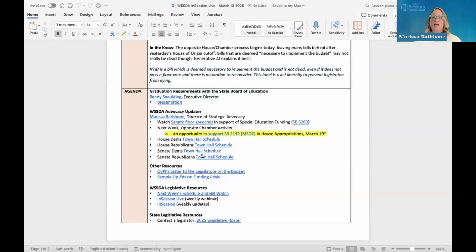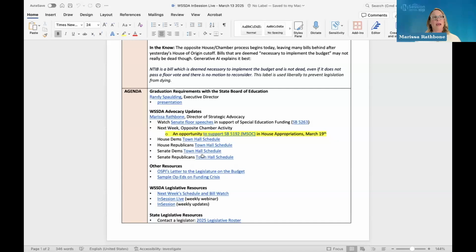It was really, like I said, I can't think of a better word than heartening at a time when many of us have been feeling like we had a lot of the momentum around our member adopted priorities, particularly special education, MSOC, and transportation. Felt like we'd been backsliding a little bit over the last couple weeks.